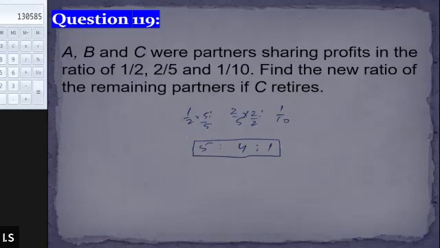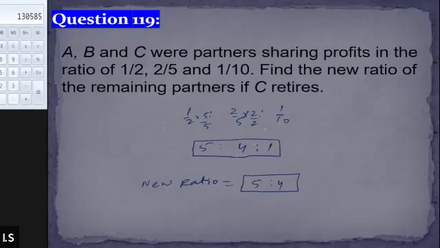Now, the question is saying that C is retiring out of the firm, and the question doesn't tell you anything else, right? That means the new ratio between A and B will be 5:4 only. This will be the new profit sharing ratio between A and B. Got it?